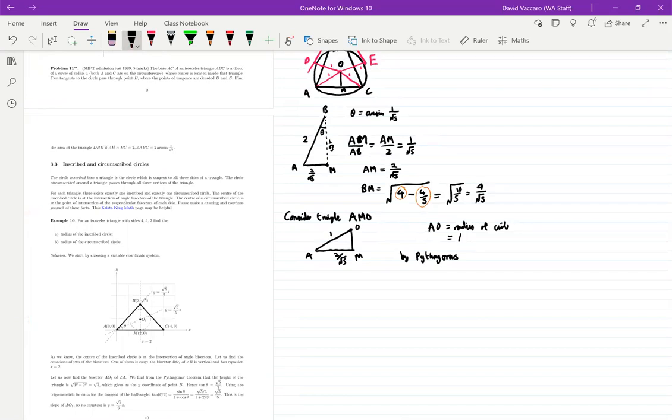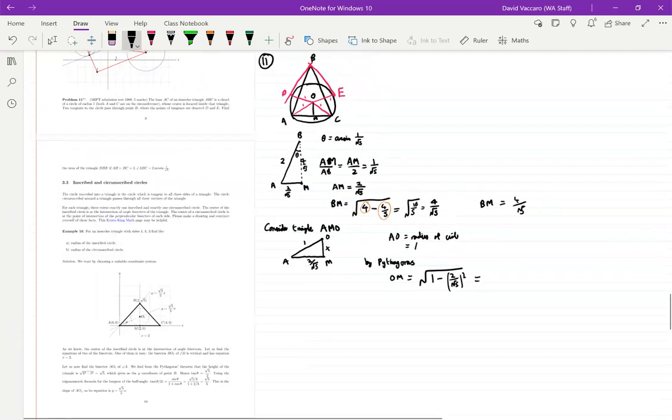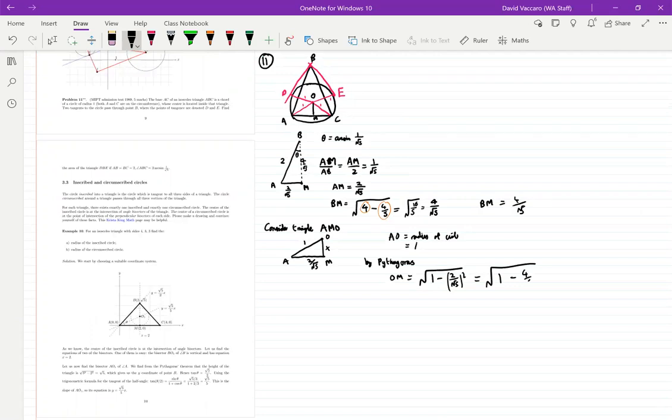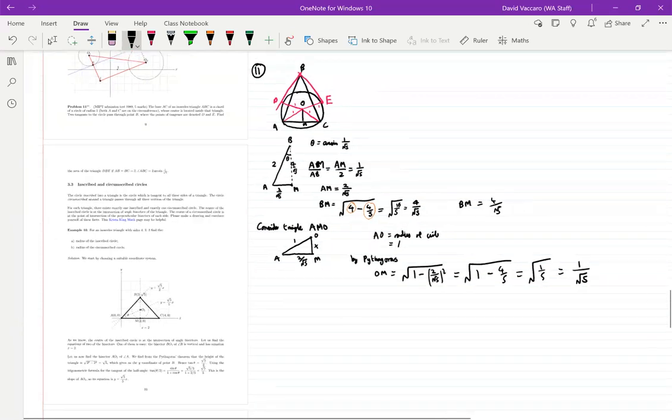So that's 4 over root 5. So BM is 4 over root 5. Now by Pythagoras, OM is the square root of 1 minus 2 over root 5 squared. So OM is the square root of 1 minus 4/5, so that's the square root of 1/5. So that's 1 over root 5.